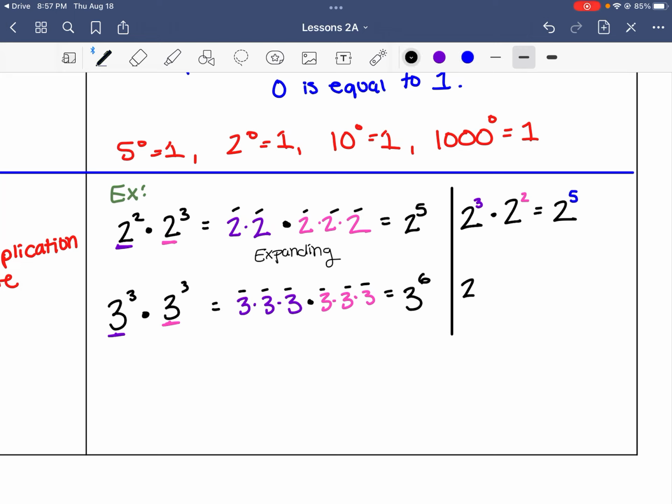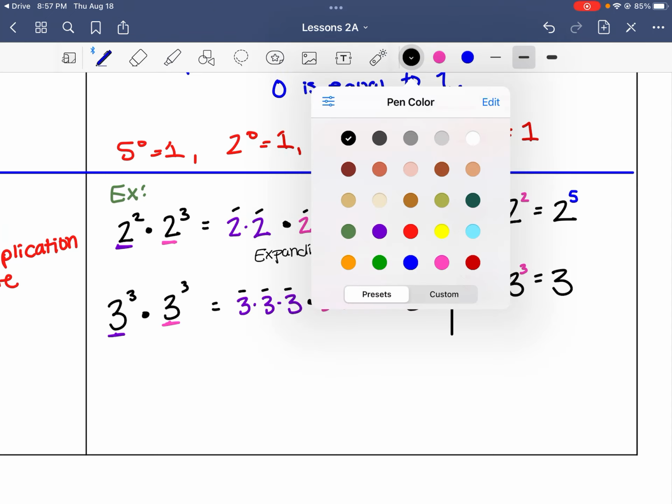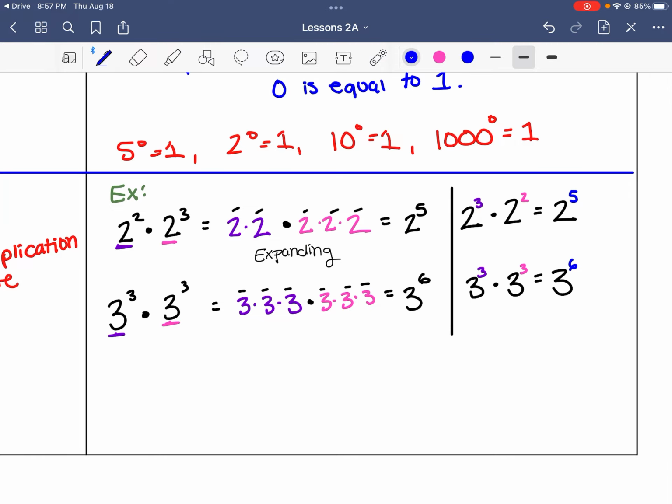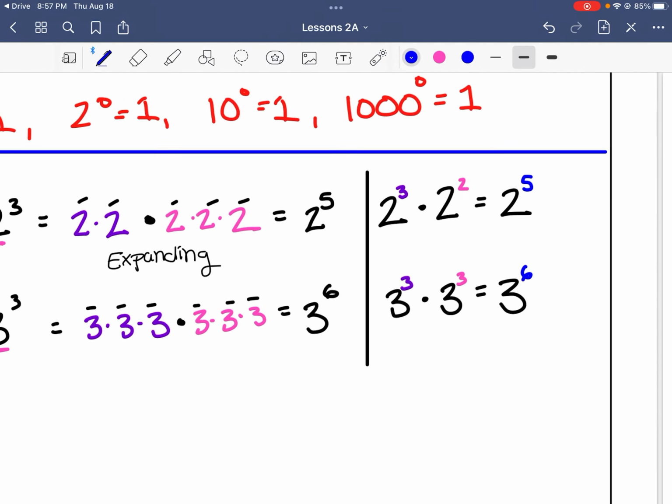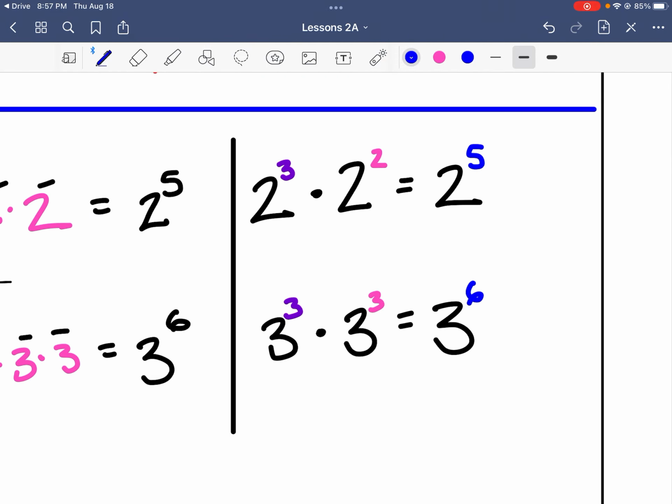On my right hand side, I had 3 to the 3rd times 3 to the 3rd again. And I got 3 to the 6th. Now, if we focus on the exponents, you should notice that we are just adding these two numbers.